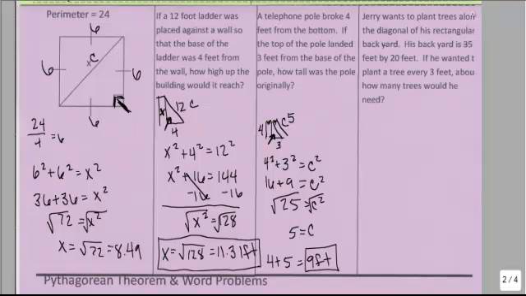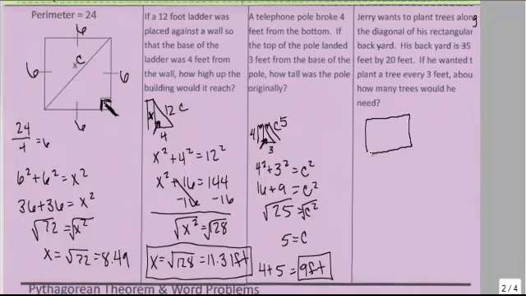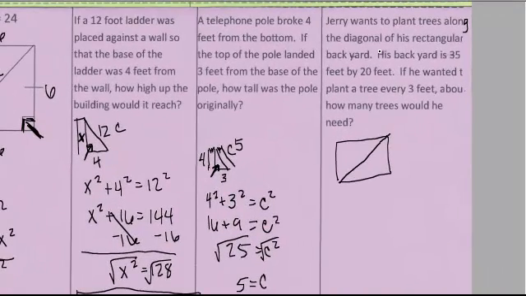Jerry wants to plant trees along, this should have a G, the diagonal of his rectangular backyard. So he has a rectangular backyard and a diagonal. His backyard is 35 by 20 feet. If he wanted to plant a tree every 3 feet, about how many trees would he need? We're trying to figure out how long that is.